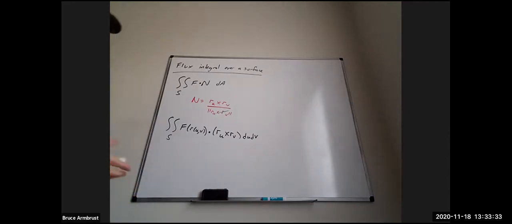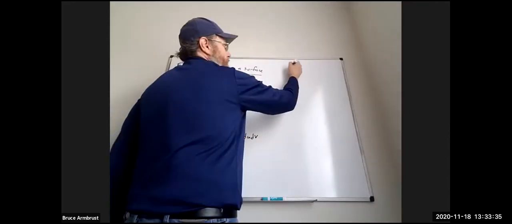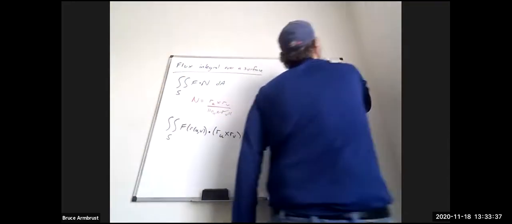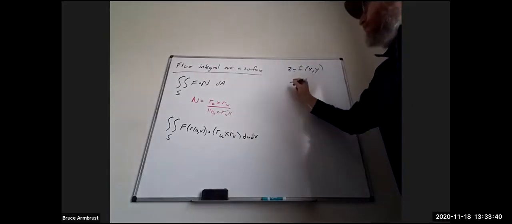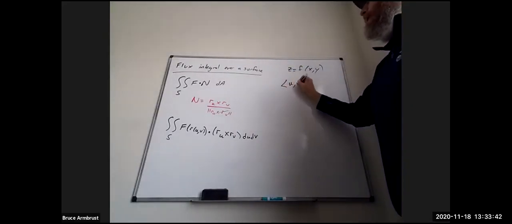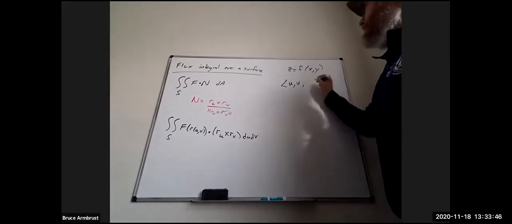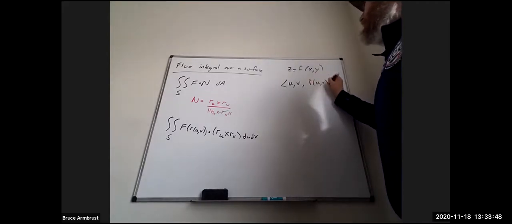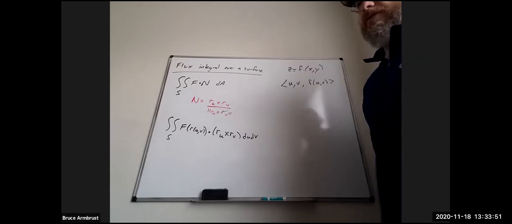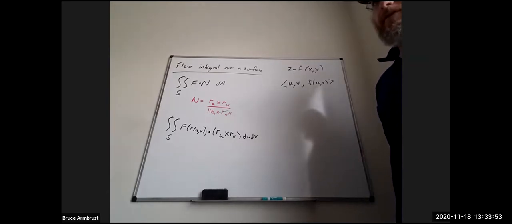All right, so if we've got a function, z equals f of xy, the easiest parameterization is to call x and y u and v. And then we have f of uv.